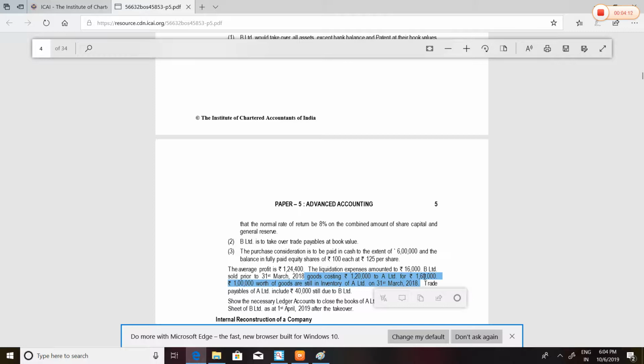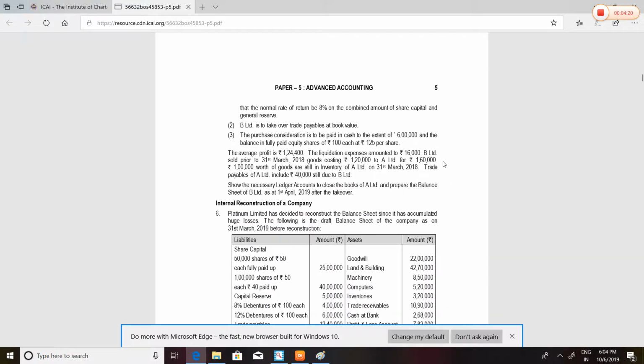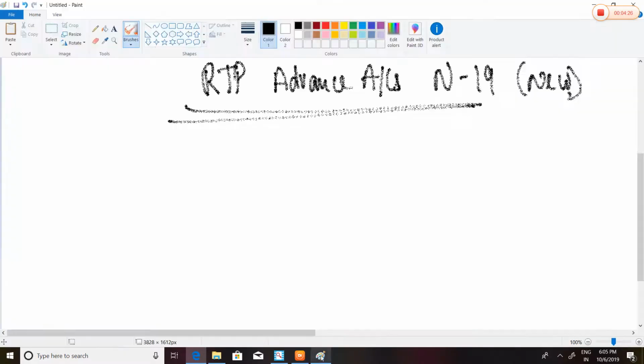Rupees 1 lakh worth of goods are still lying in inventory of A Limited on 31st March 2018. But trade payables of A Limited include 40,000 still due to B Limited. Okay, so let's start with question number 5.